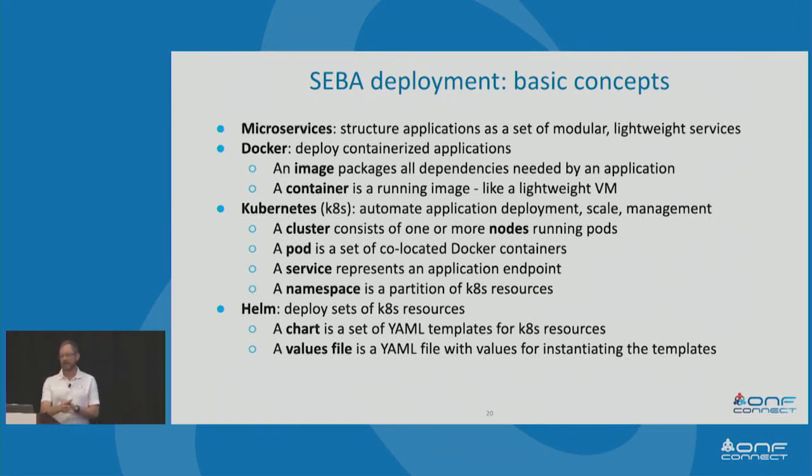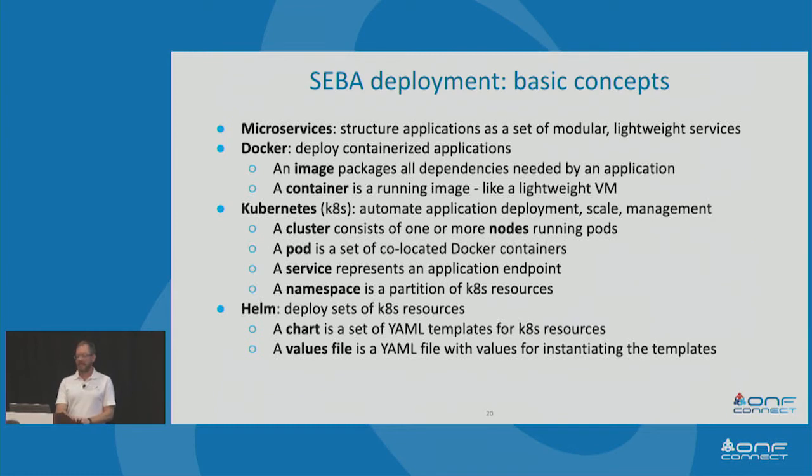There are some differences, but at a high level, that's a good way to think about a Docker container. It's like a VM. Kubernetes is an open source project that automates deployment of applications and also managing them and scaling them. Kubernetes is built on top of Docker.